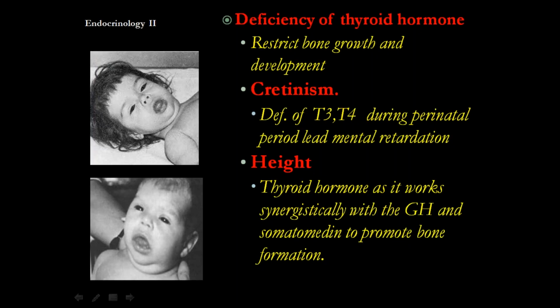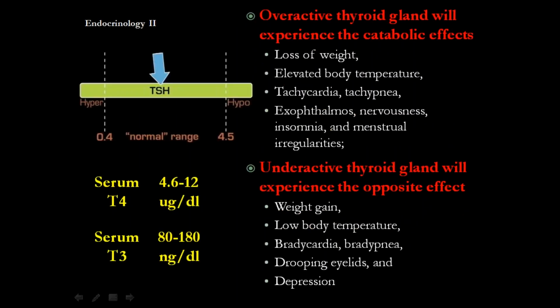So, as you see here, this is going to delay the development and growth of the baby and produce mental retardation. Thyroid hormone works synergistically with the growth hormone and somatomedin to promote bone formation.